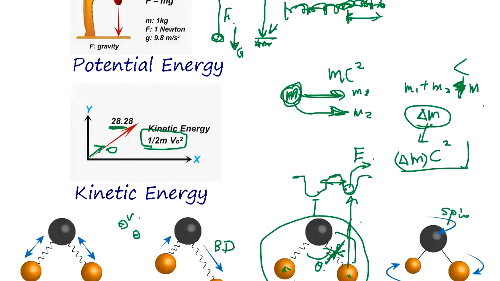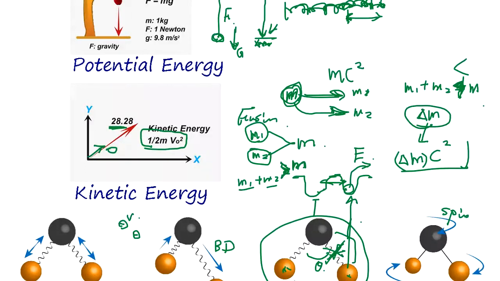Okay, and fusion is m1 and m2, the small ones like helium. When they are combined together, it's the opposite equation. When combined, it doesn't become m1 plus m2. This is the fusion process.